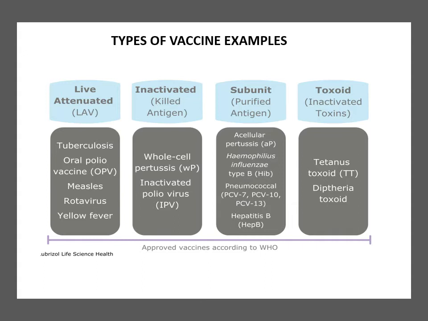And then, of course, the toxoid. We mentioned that that's not the bacteria at all. It's just what it secretes into the bloodstream when you develop an infection. So, tetanus toxoid or diphtheria toxoid. So these are just all the different types of ways of making vaccines.